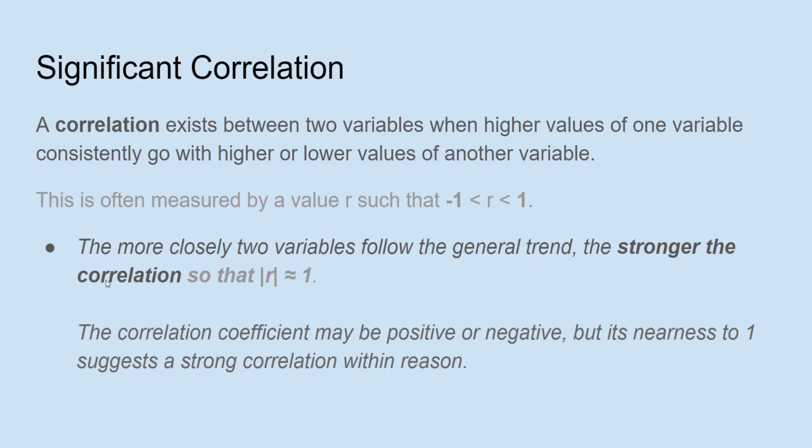When this occurs on a scatter plot, you will see that the data is very close to a linear trend. We call that the trend line. So if that R value gets very close to positive or negative 1, then that suggests you have a strong correlation. Now, if you have a large data set, R could be smaller, and you could still have a strong correlation.